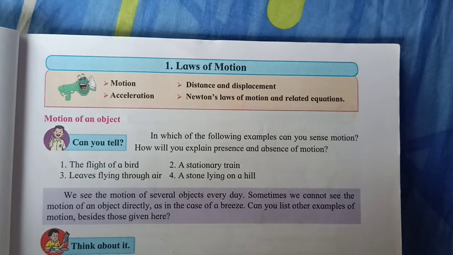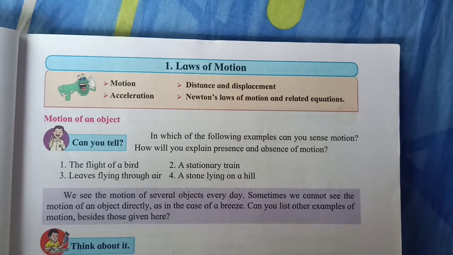If you remember, in the last or a previous standard, you also studied motion. What is the meaning of motion? How can we define motion? Which objects are in motion? Which are not in motion? All these things you already studied in a previous standard.